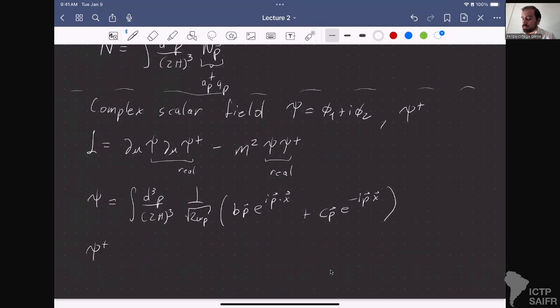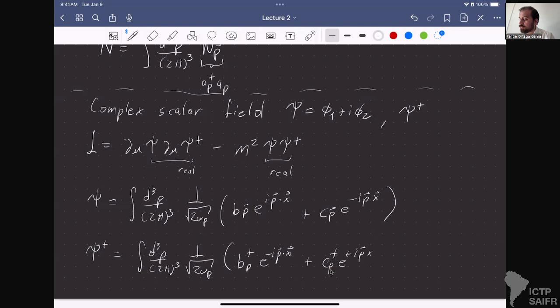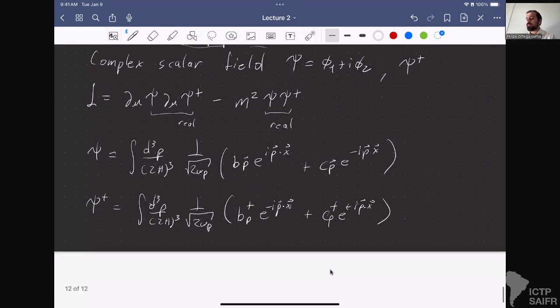And now this guy is simply the complex conjugate of the guy before. Dagger.